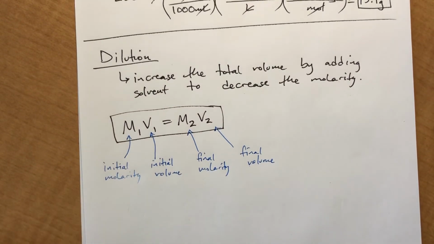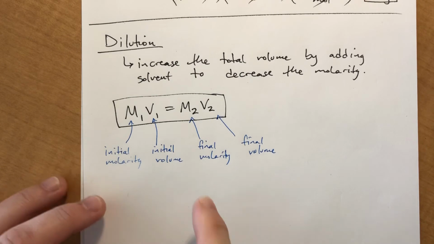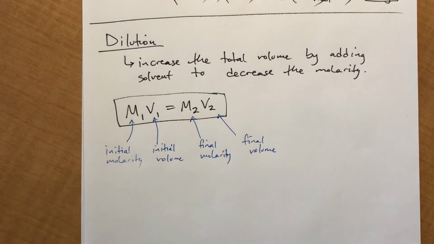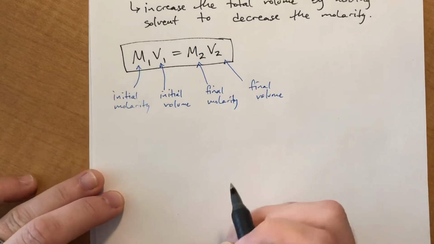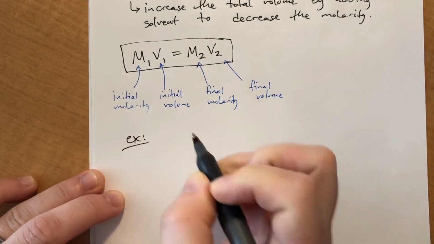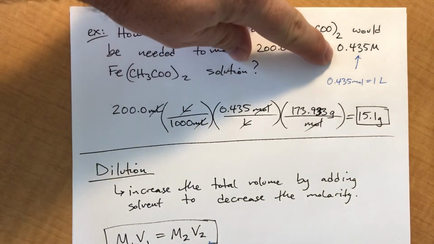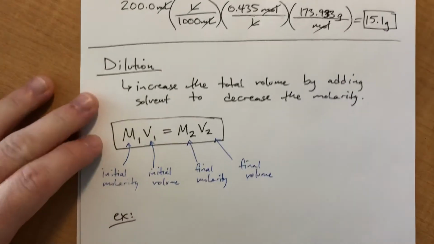Okay, but the equation itself is pretty easy most of the time. You will have 3 of the 4 variables. You just solve for the one you don't know. So let's try an example just to see how it works. So let's say we took this final solution that we made up here, 0.435.